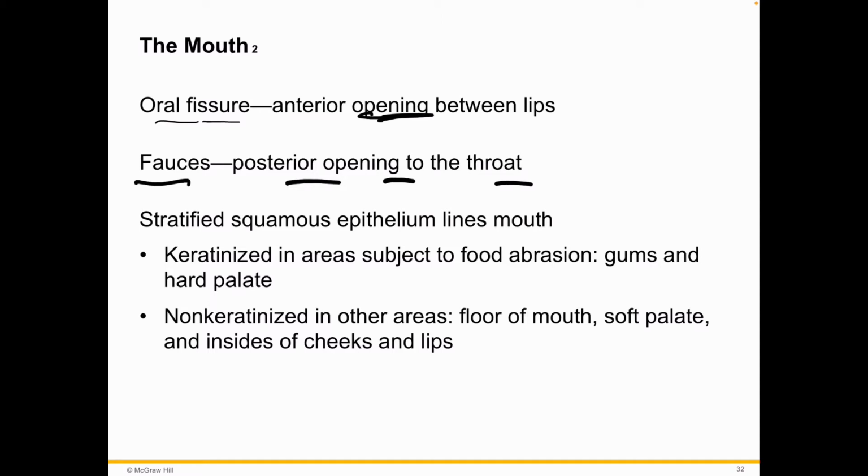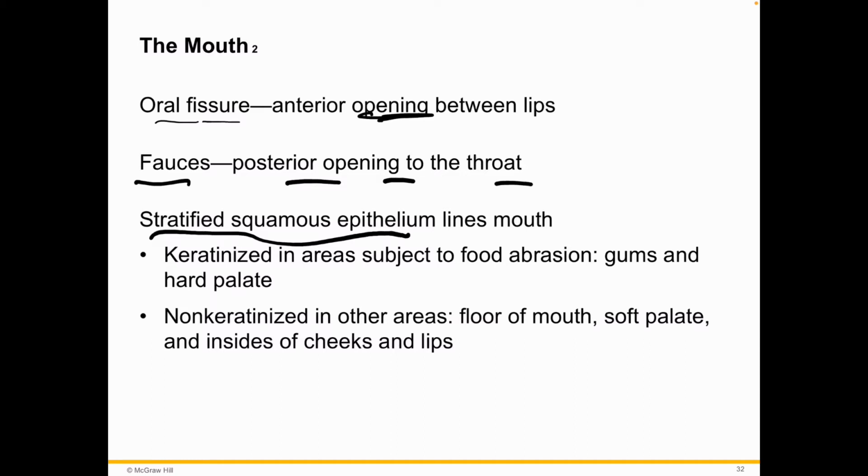So generally we're going to have a lot of the stratified squamous epithelium because there's just a lot of abrasive activity happening in the mouth, whether you're chewing on something or it's the chemical secretions as well. So say you have some super hot Sadie salsa and some super pokey rugged chips, you're going to need some protection.